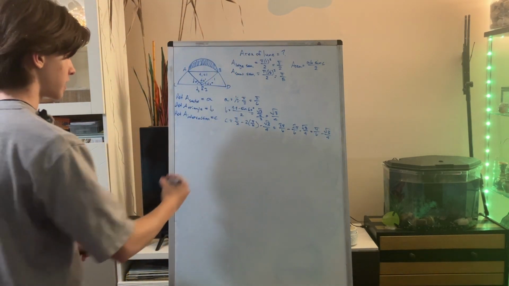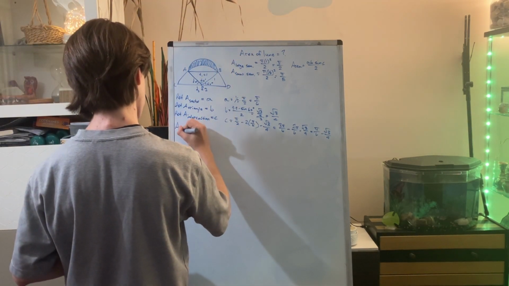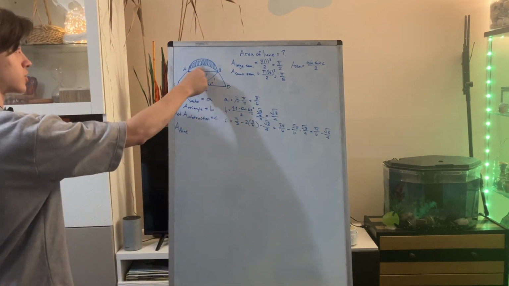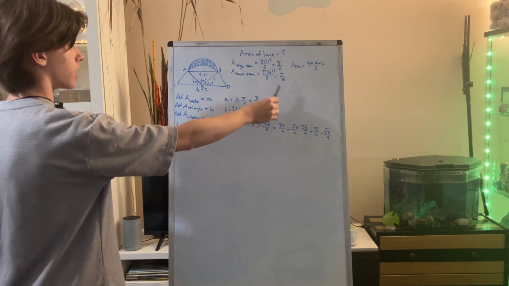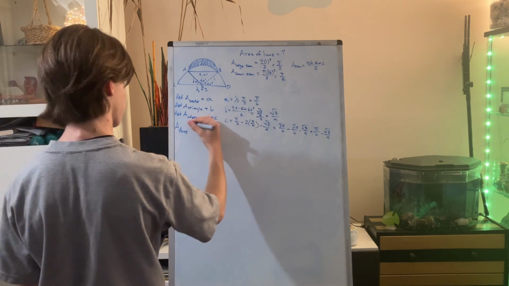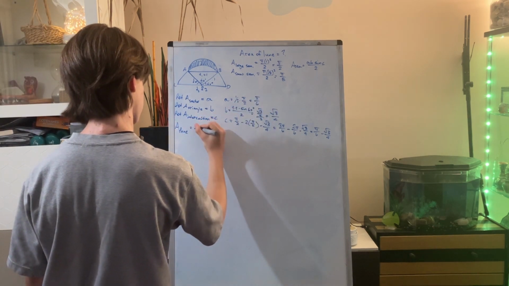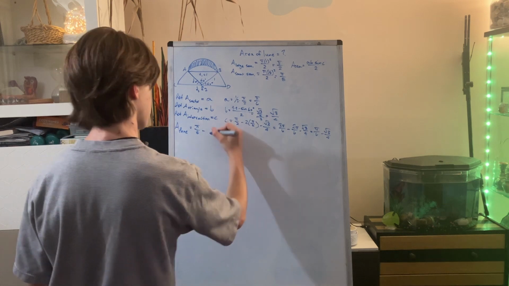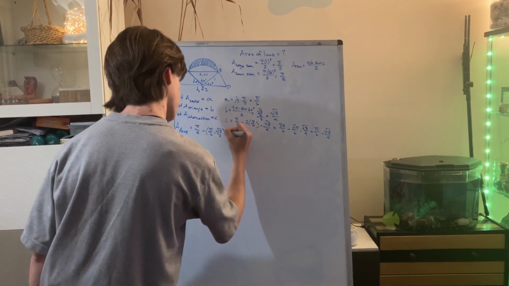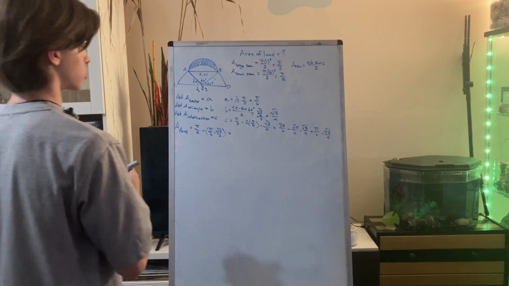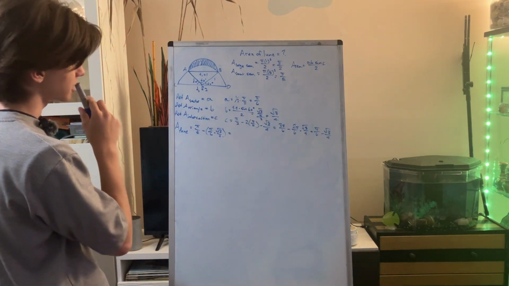And now finally, to find the area of the lune, C remember is this intersection right here. We just subtract this from the area of the small semicircle. And we will be done. Pi over 8 minus pi over 6 minus root 3 over 4. What's pi over 8 minus pi over 6?